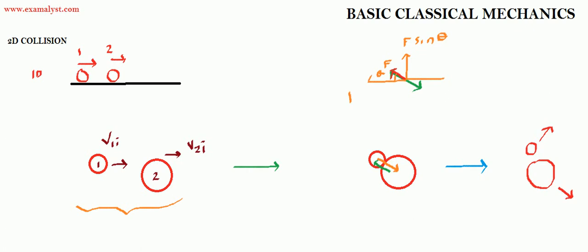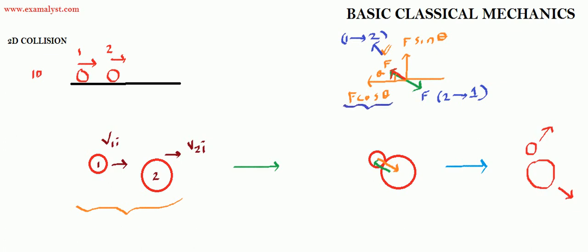So F cos theta acts along the left. Can you tell me what is the work of F cos theta? Remember, this force is the force on ball 1 due to ball 2, and this force here is the force on ball 2 due to 1. And this force here is on ball 1 due to 2. Agreed?